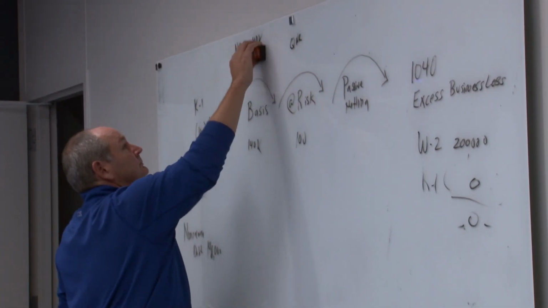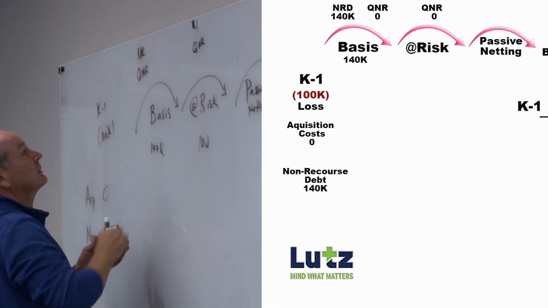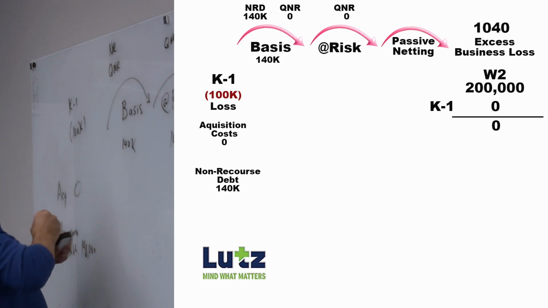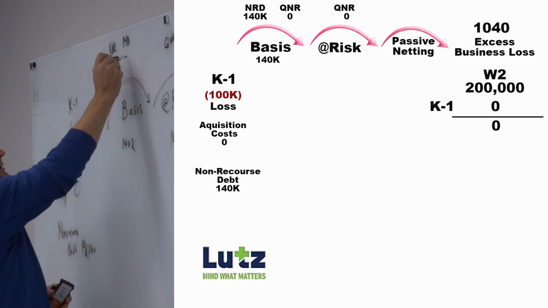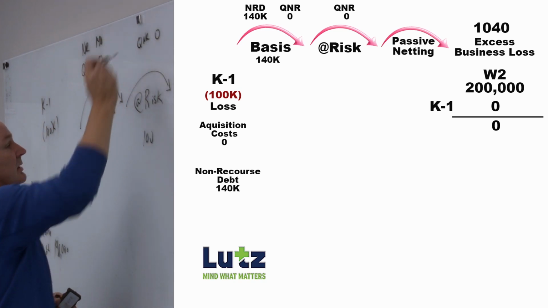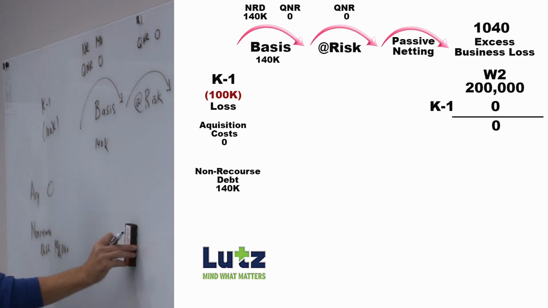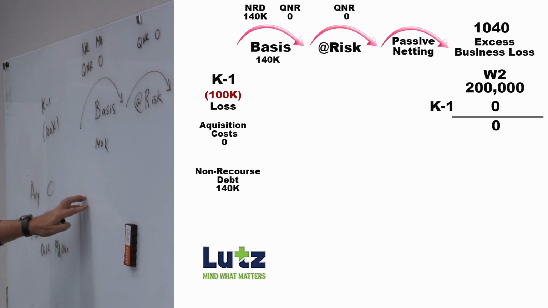The inverse of that is if the K1 should have said 140 of non-recourse, 0, 0, we'd be completely hung up there, right? Because we don't have enough to get over.